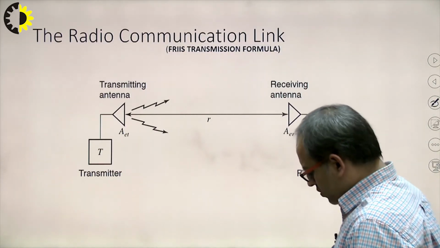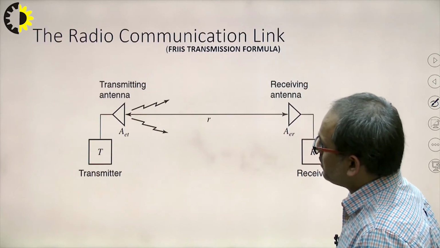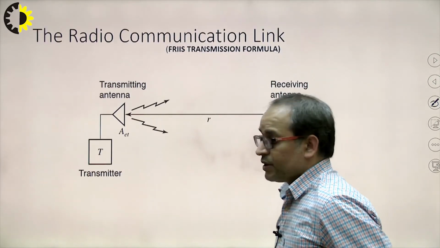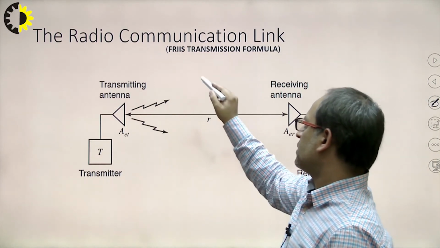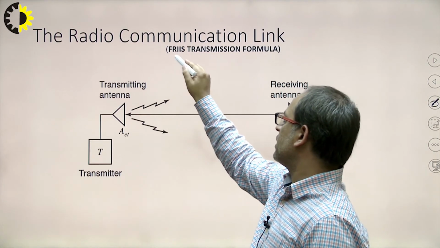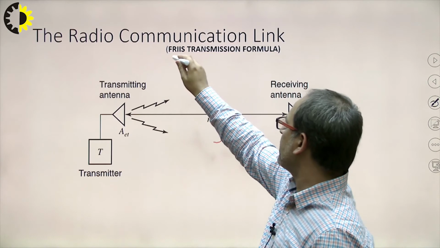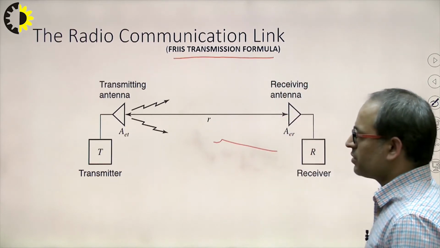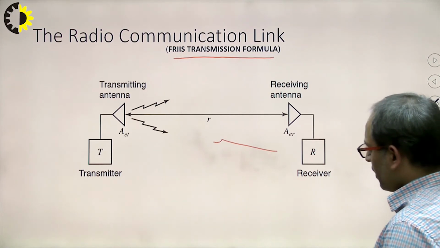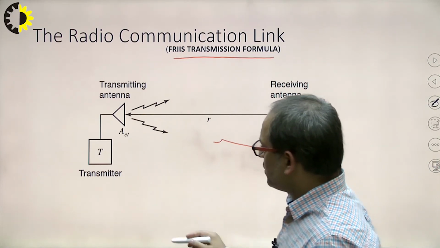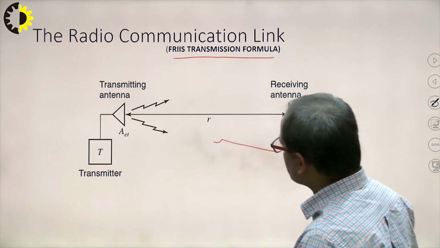So now the next topic is the radio communication link, and here we will also derive the Friis transmission formula. Clear? Now let's say this is a communication link.